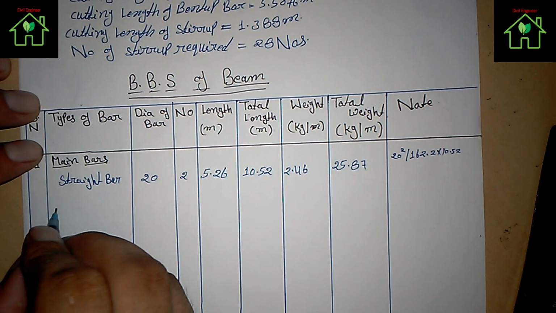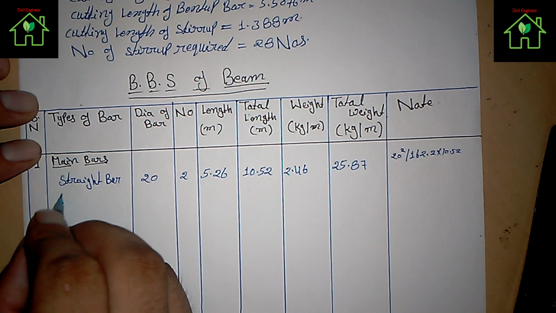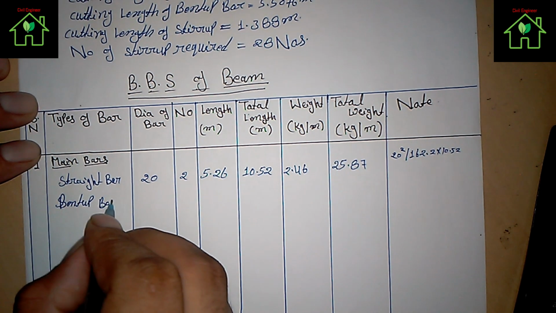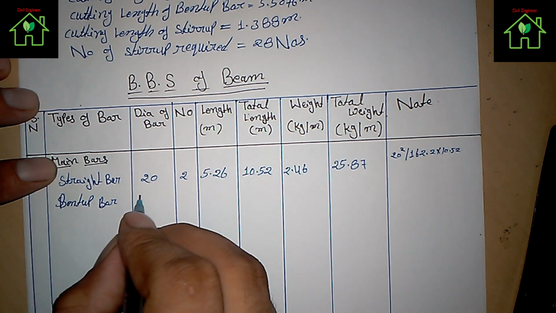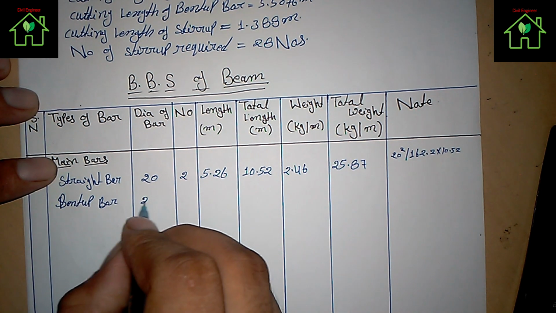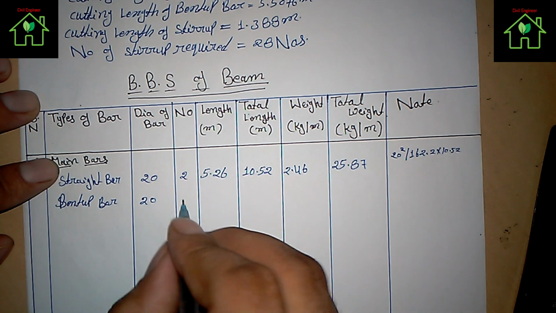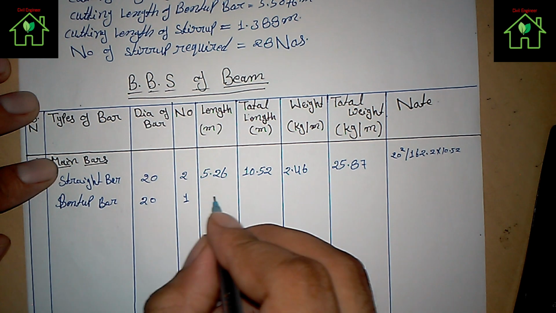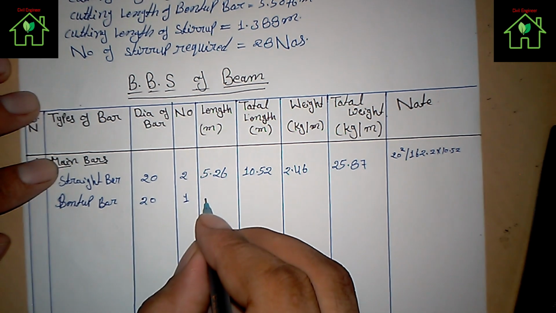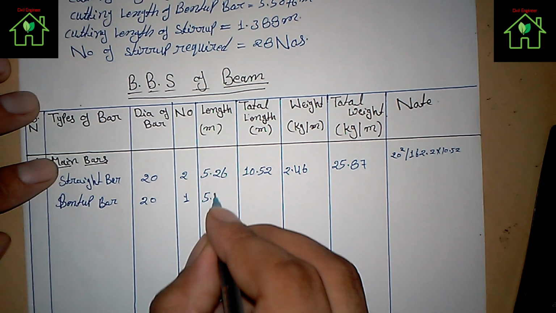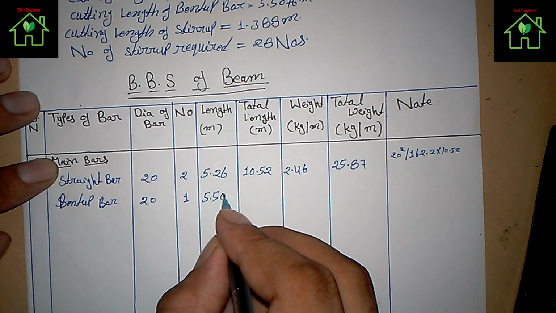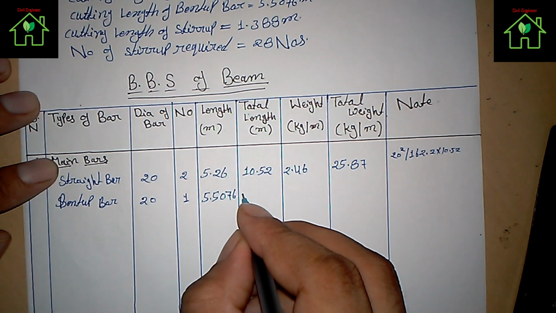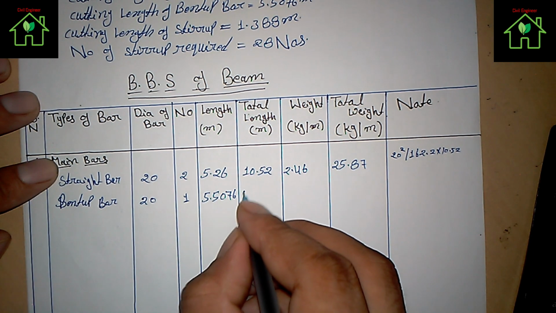Similarly, we will calculate the bent up bar. What is the dia of bent up bar? 20. How many numbers? 1. What is the length? 5.5076. The total length is also 5.5076.